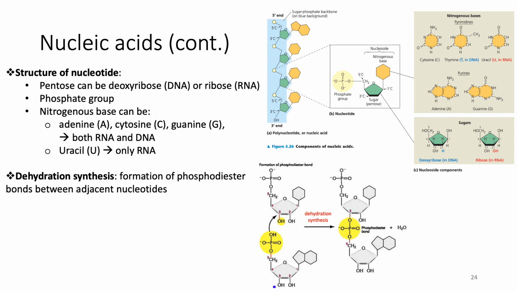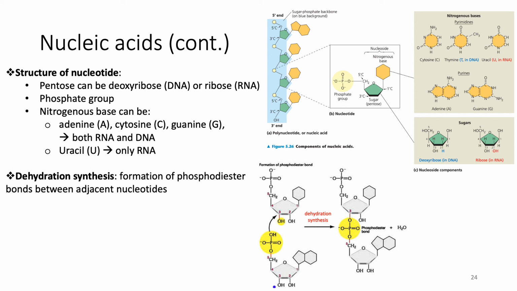Again, you don't have to know the structure of this, but the purines are adenine and guanine, abbreviated as A and G, respectively. The specific pyrimidines and purines differ in the chemical or functional groups attached to the rings. Note that A, C, and G are found in both DNA and RNA, but thymine is found only in DNA and uracil is only found in RNA.